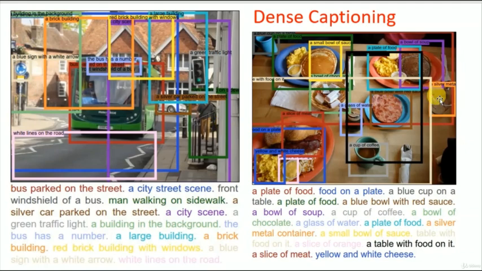So for example, here we have all of these objects detected in the image, and what we're doing is we're describing each object. So for example, here a small bowl of sauce, food on a plate, a glass of water for this object, a cup of coffee for this object, and so on. So this is a topic called dense captioning.